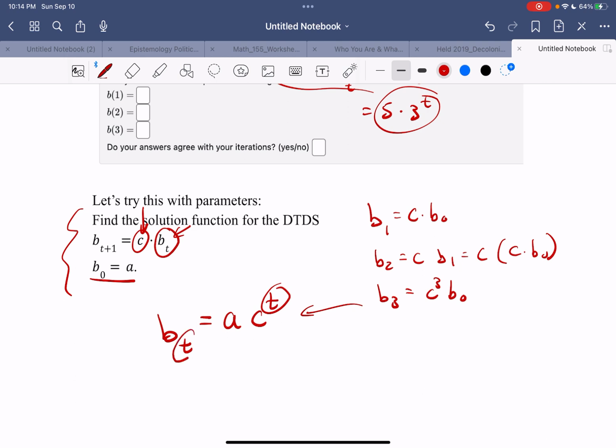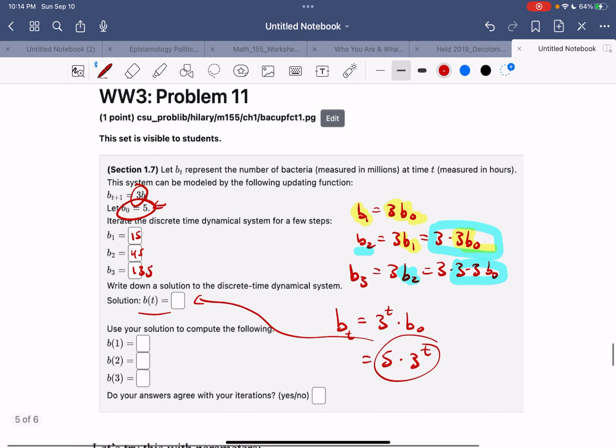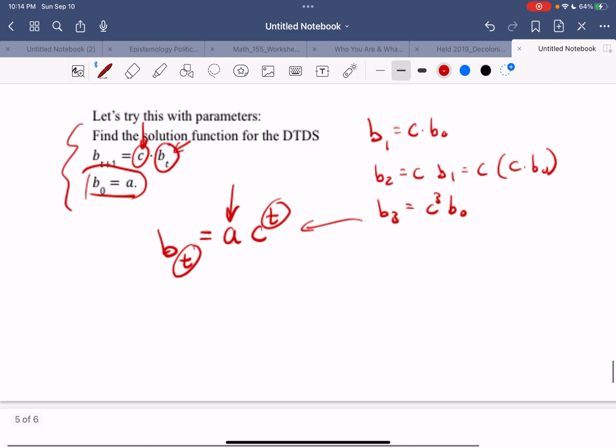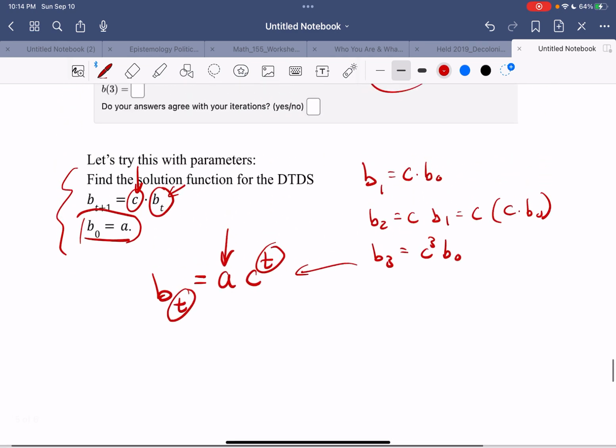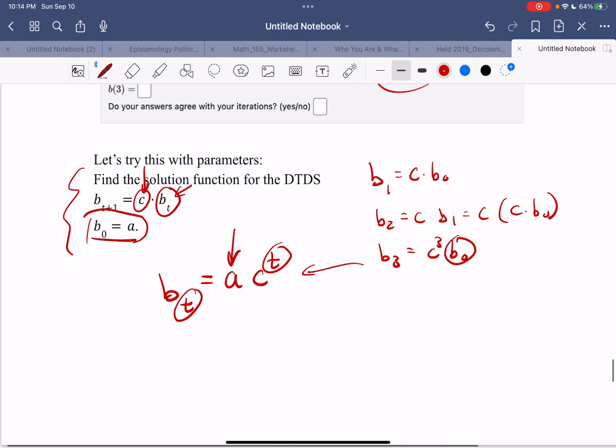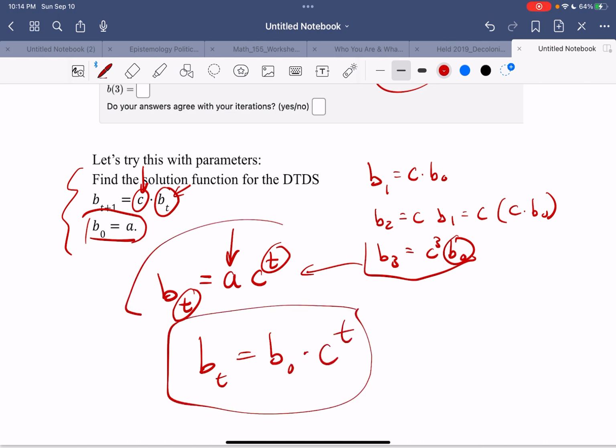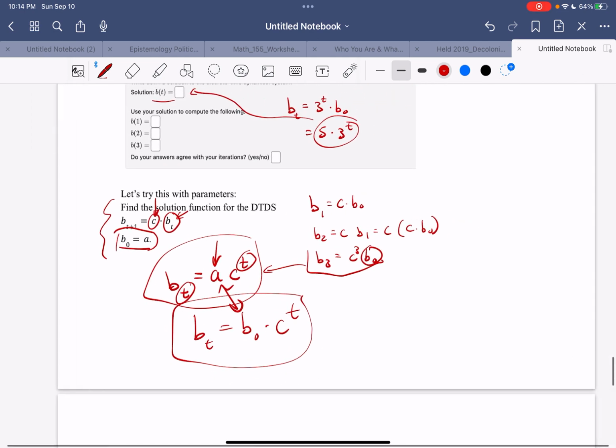At least we can see the t's match. That's why I made my comment about A, and I kind of regret doing that. It's just what I'm calling the initial value. Here A was 5, and here A was 1,000. So it's just whatever your initial population is. I could have left it as B naught times C to the t. They're saying the same thing because that's just the same number there.